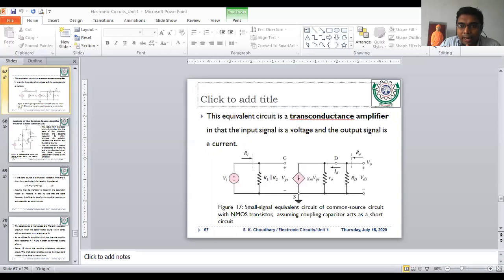And this goes up to the output side because there is no source resistor. It is very simple. Now the current is flowing, so you can show the direction of current here like this.